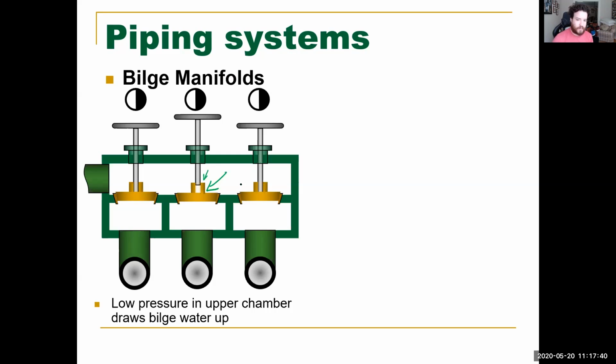All right. The only problem with these is that you don't want to leave them all open thinking that, oh, well, I'll draw a suction and whichever bilge well is filled, fluid will come through and you'll be all good. The only problem with that is the majority of the time you have a Wilden pump as your bilge pump.